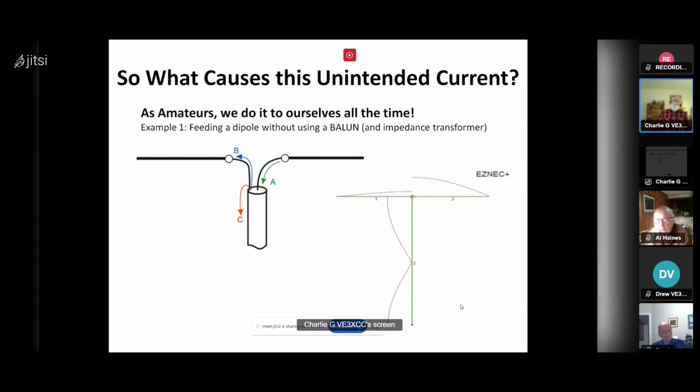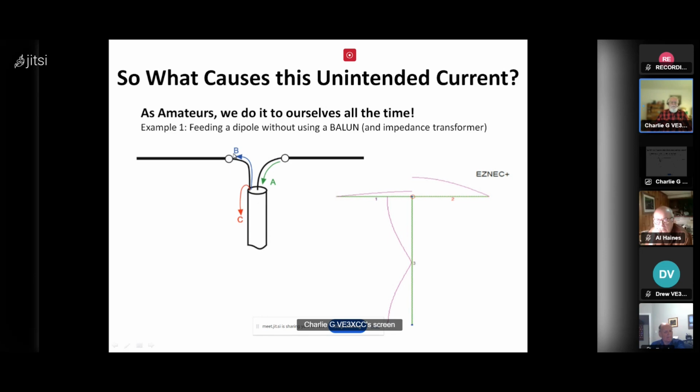There's a whole bunch of ways this can happen. Basically, any imbalance, things like that. And as amateurs, we do it to ourselves all the time, right? One of our favorite setups is we set up a dipole antenna, and then we bring our coax out to it. We connect the center conductor to one side, and we connect the shield to the other side.